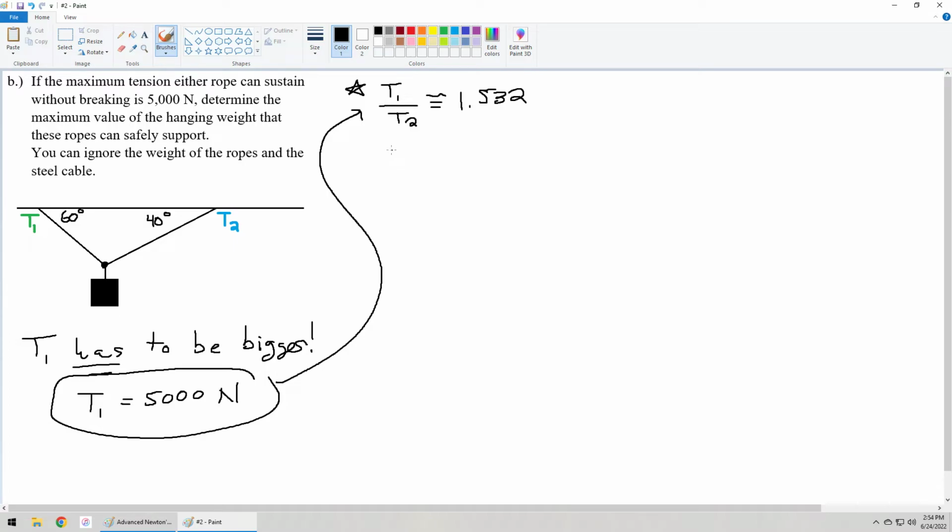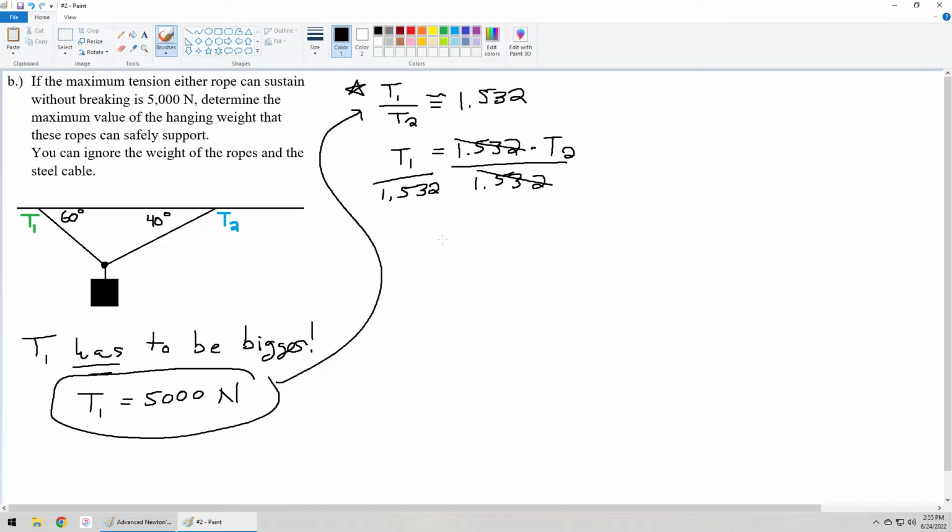So here's what I mean by that. T1, we're going to call this equal, just for really fast purposes here, is equal to T2. And then I would divide both sides by 1.532 just to show all the steps here. This would cancel out.